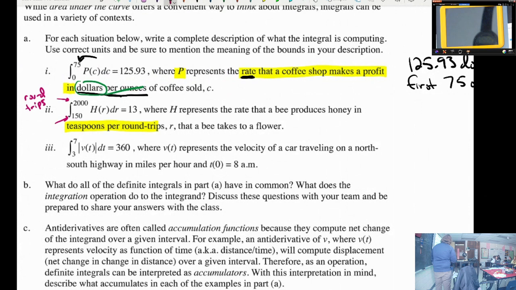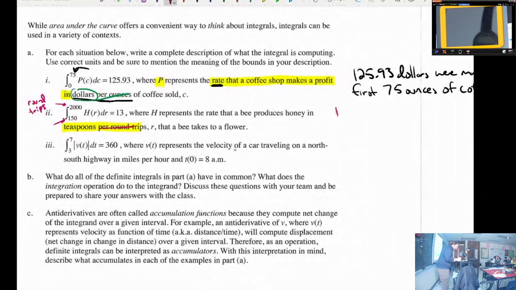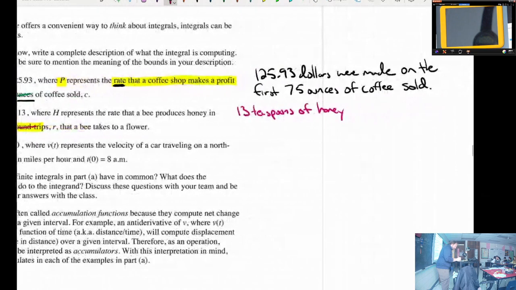So H is the rate at which a bee produces honey in teaspoons per round trip. So when we do this integral, we're basically going to throw away the per round trip part. So this means that 13 teaspoons of honey were produced.